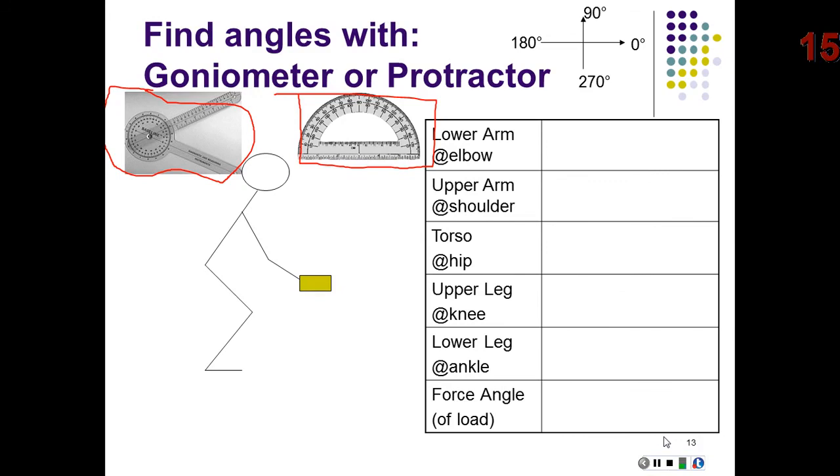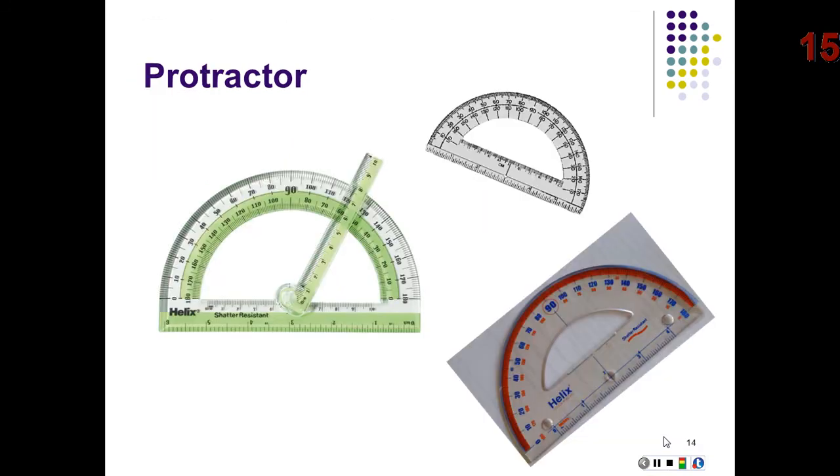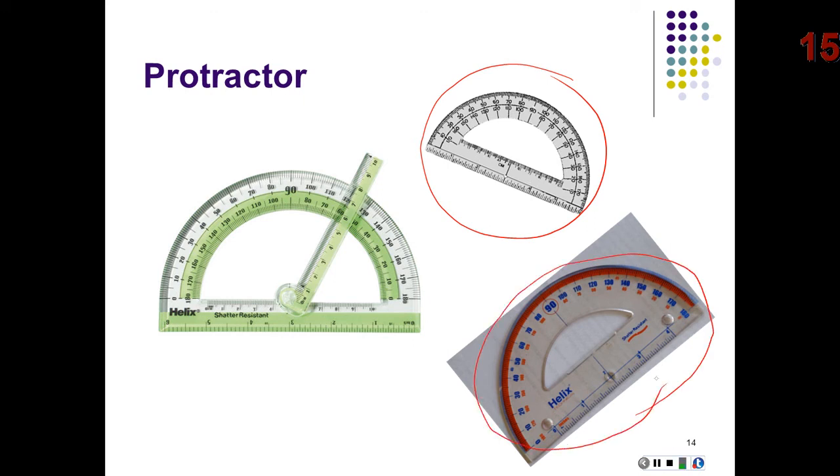There are several different styles of protractors. If you go out and buy one at the dollar store, at Walmart, or an office supply store, your basic protractor will work just fine. This is still your basic, but a little bit colorful. That'll work just fine. If you want to buy a protractor that has this swing arm, it could help you out. That's fine too.